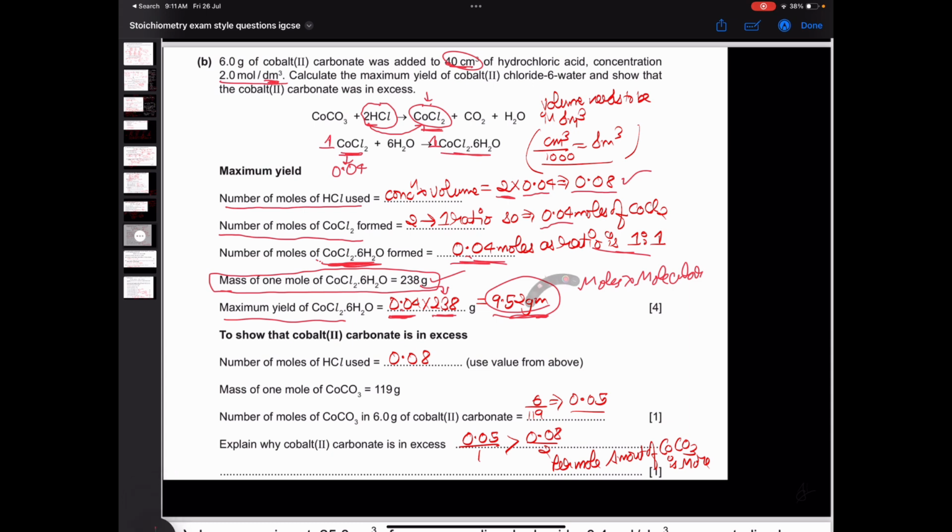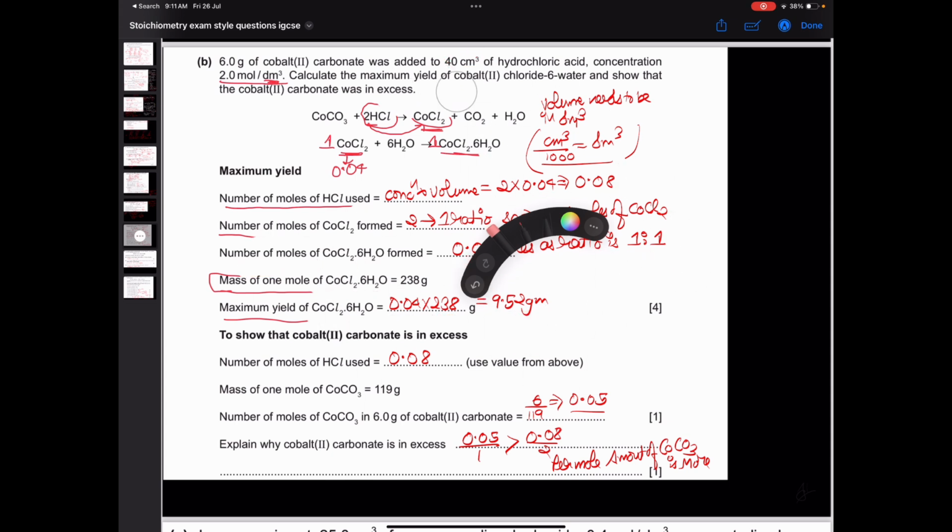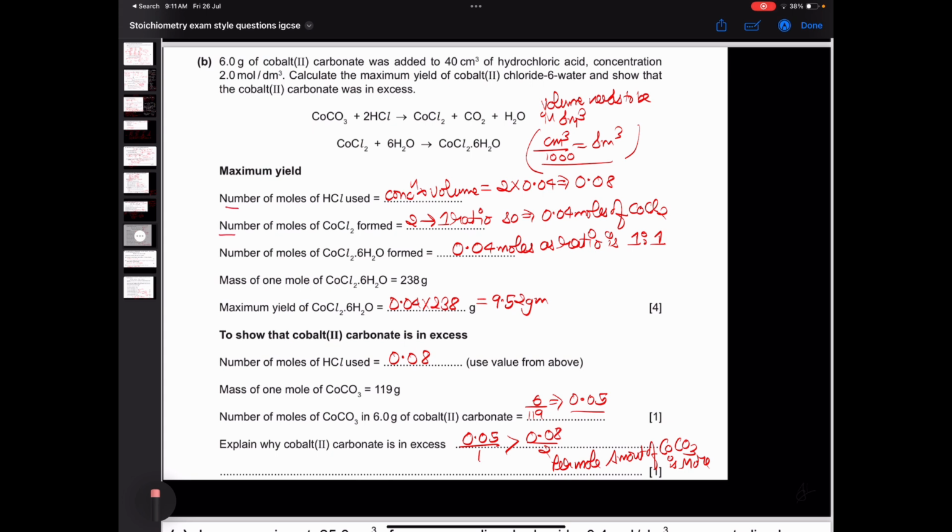I'll just erase all of this. To show that cobalt carbonate is in excess, number of moles of HCl used. Number of moles of HCl are 0.08 only, and they are also telling you to use the value from above.